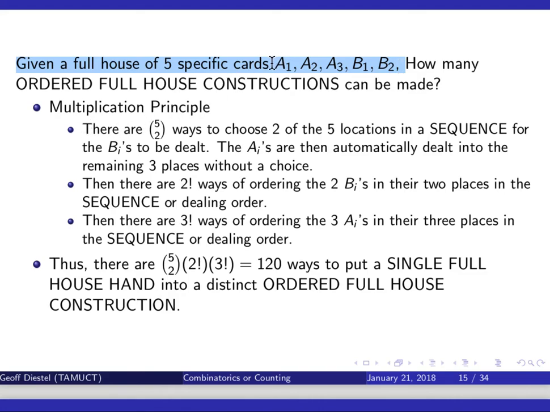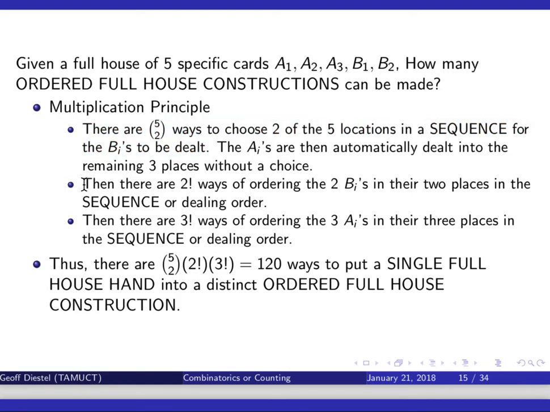So pretend I have to have 3 5s and 2 10s. There's 5 choose 2 ways I could choose the locations in the dealing order to get the 2 of whatever the Bi denomination is. Once I have that, the Ais go in the other 3 places.